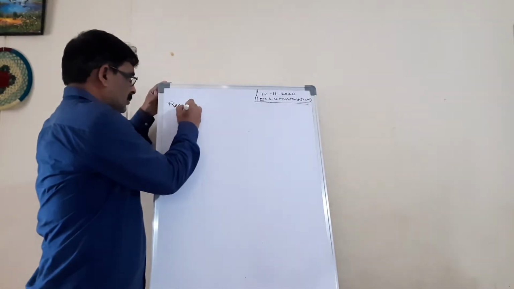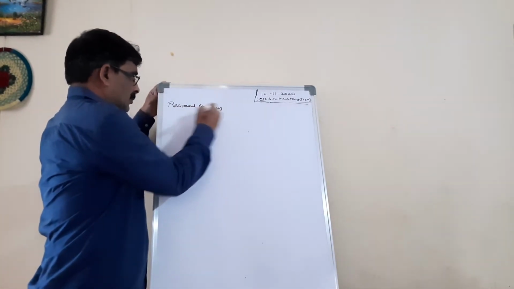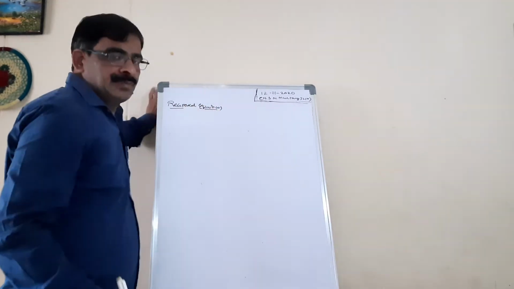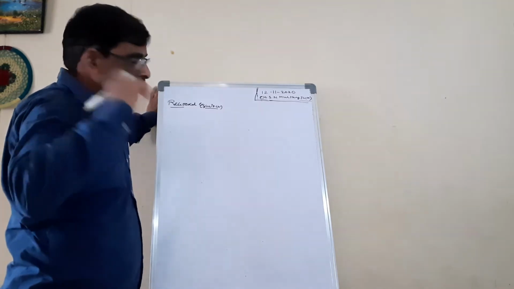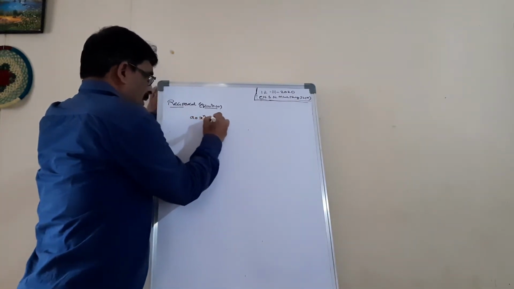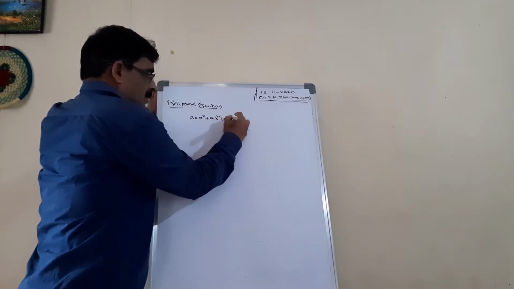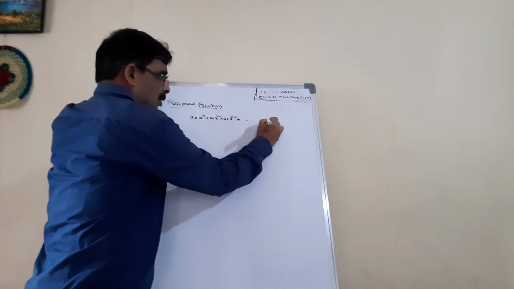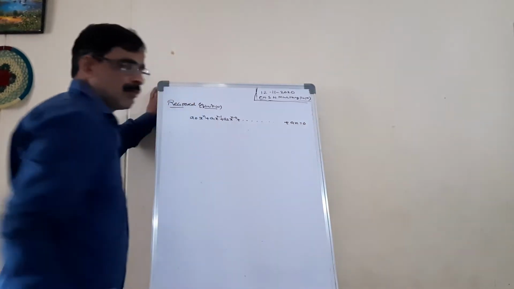Reciprocal equation. Suppose I write a polynomial equation of nth degree: a0 x power n, plus a1 x power n minus 1, plus a2 x power n minus 2, and so on, plus an equal to 0.